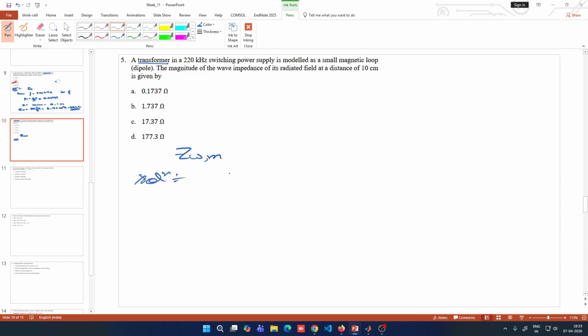In the problem, the frequency is given as 220 kilohertz. Again we can find beta naught, which will be the same as in the previous question.